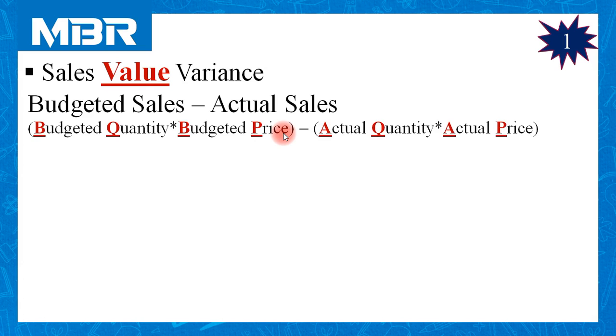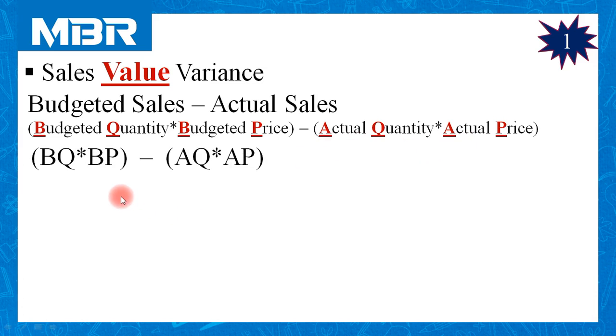Now expand the formula for our calculation purpose. Budgeted quantity multiplied by budgeted price minus actual quantity multiplied by actual price. So in short, you can write down the formula in this way: BQ into BP minus AQ into AP.